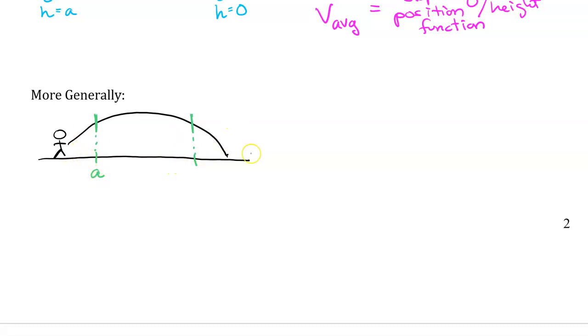This is time, my bad. So time at this first location, let's call it A, and time at the second location, we'll call B. That means that the height here would be the position function at time A, and the height of B would be the position function at time B.